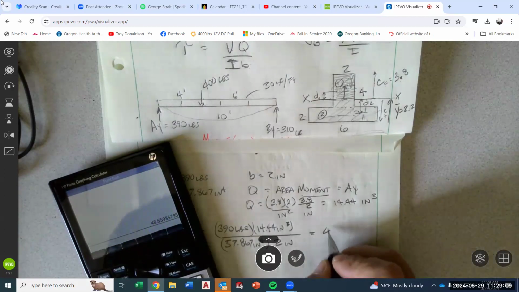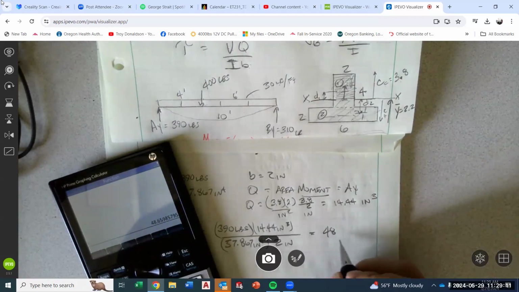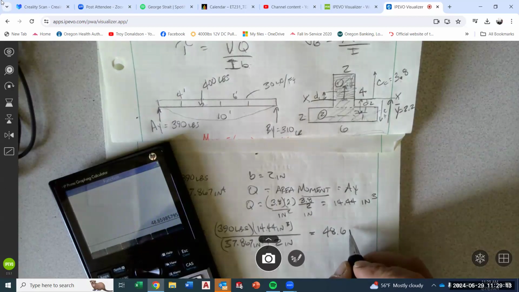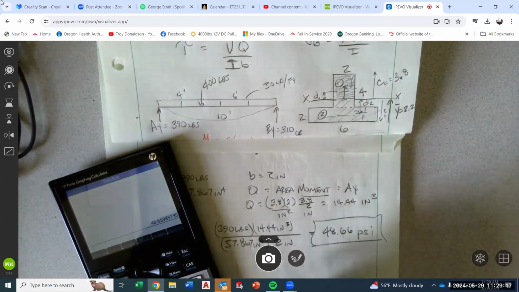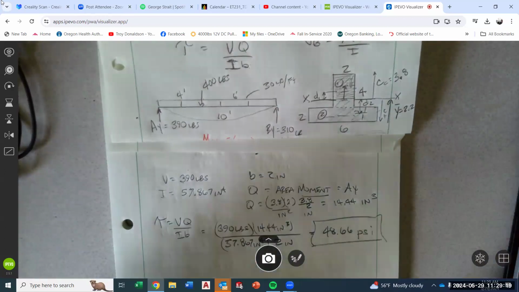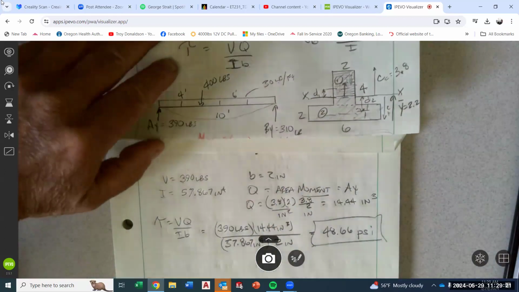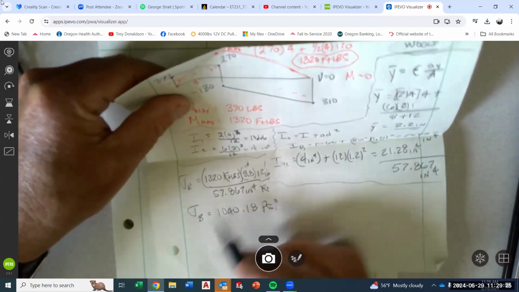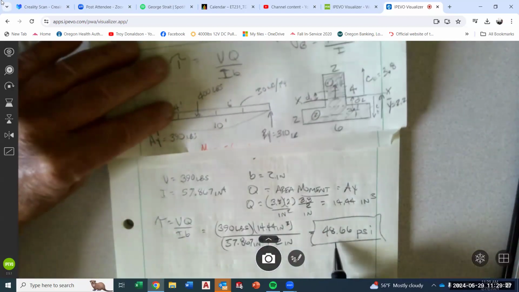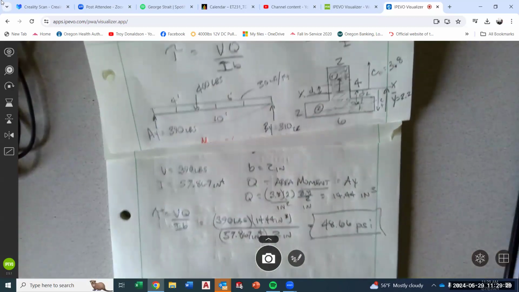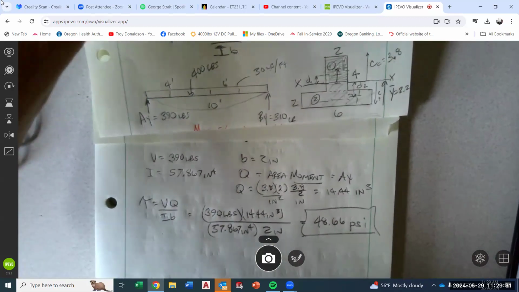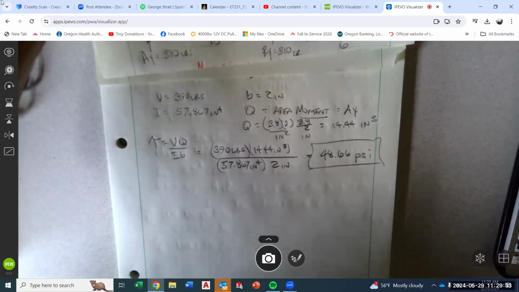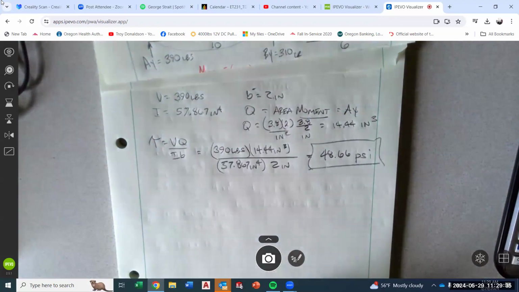It looks like we are at 48.66 PSI. Typically, your bending stress, 1040, is right at the limit. Shear stress is much less. Very common. Shear is normally not our control stress.